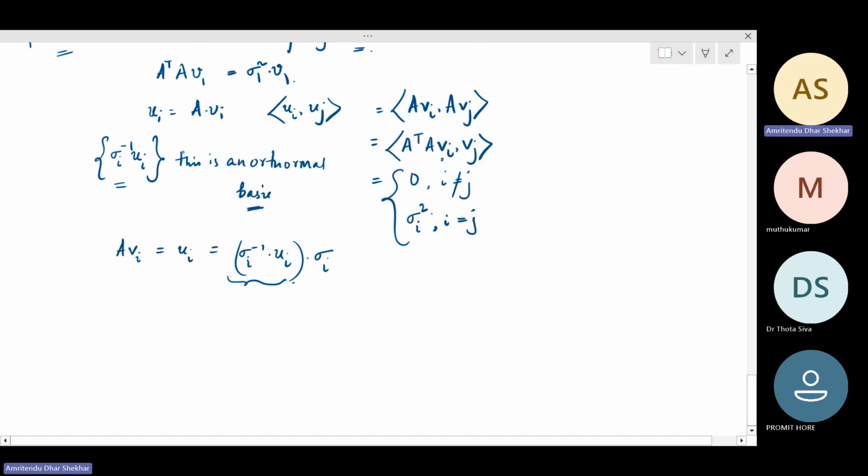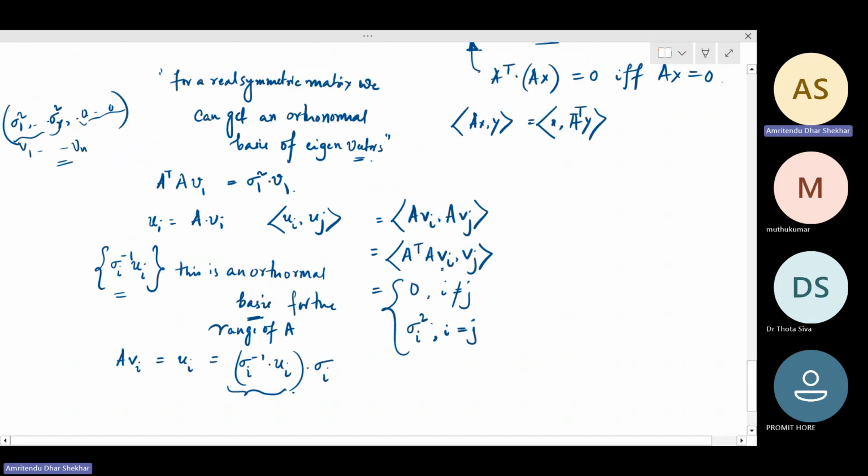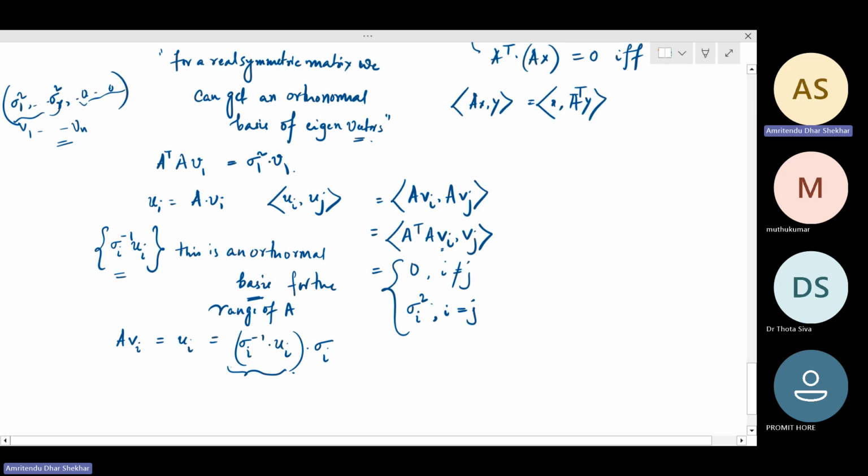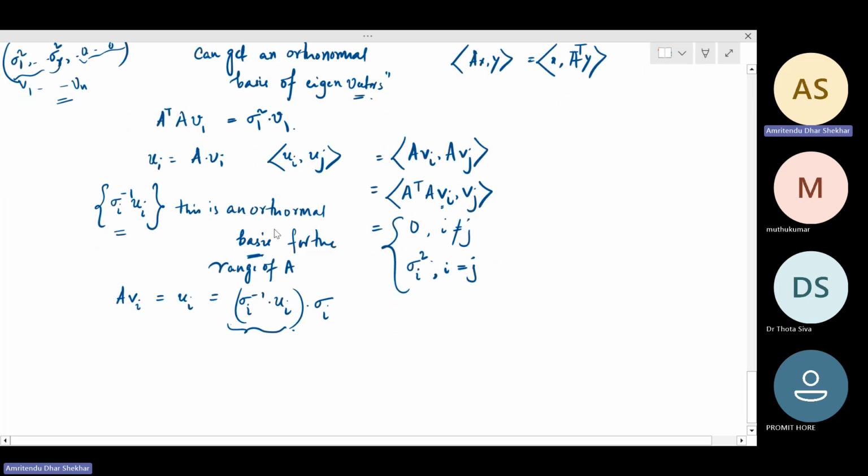I've been saying this is an orthonormal basis, but I have to be a bit more precise. I should say this is an orthonormal basis for the range of A. This need not be an orthonormal basis for the whole codomain of A, because if the rank of A is smaller than the dimension of the codomain, then this is obviously not going to be an orthonormal basis for the whole of it.